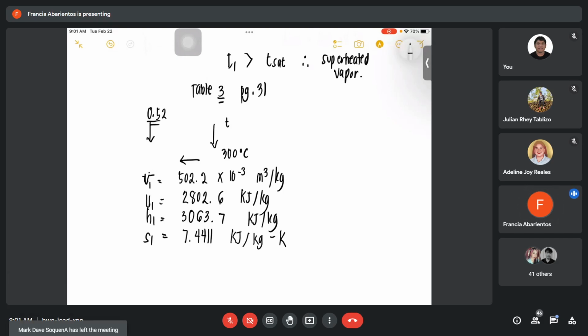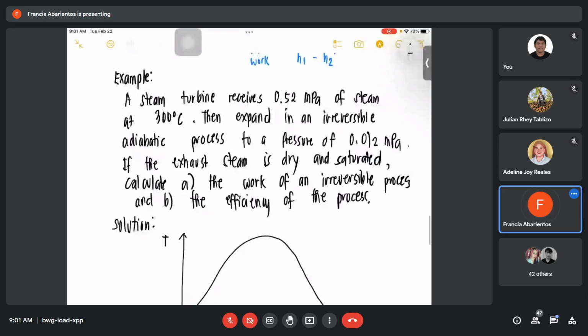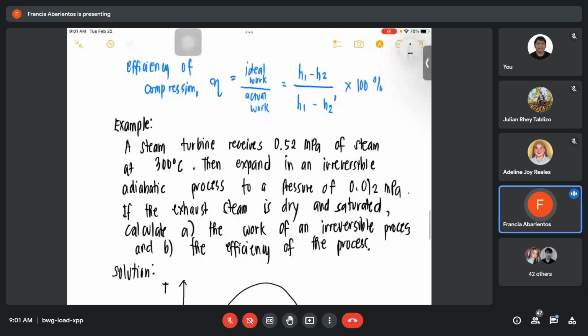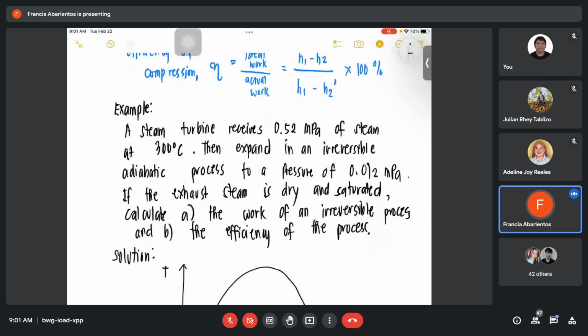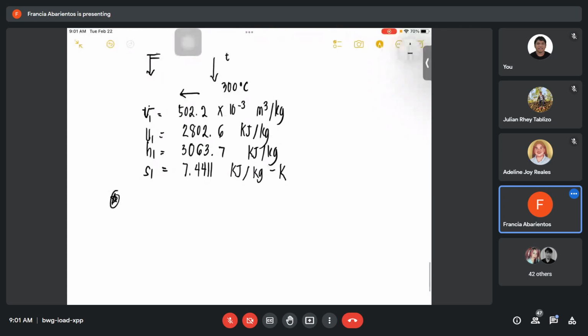Okay, so meron ka ng state 1, points at state 1. And balik tayo dito sa problem. Then, expand in an irreversible adiabatic process to a pressure of 0.012 MPa. Yan. If the exhaust steam is dry and saturated. So, from the problem, class, as stated at the problem, you have the dry and saturated. Ibig sabihin, 100% yung quality natin.